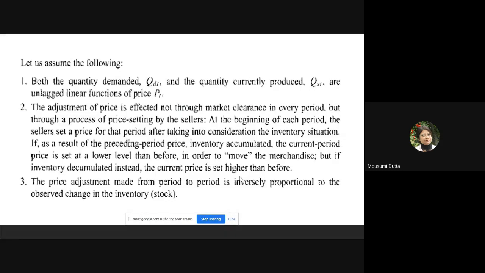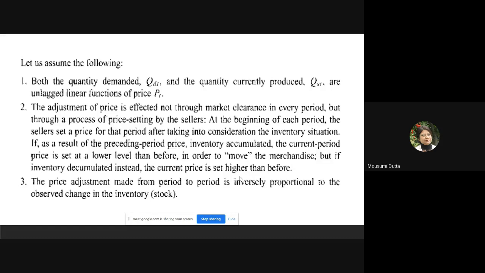So for building this model, we will consider three assumptions. So let's assume the following. Number one, both the quantity demanded, that is QDt, and quantity currently produced, QSt, are unlagged linear functions of price Pt. So QDt is a function of Pt and QSt is a function of Pt.